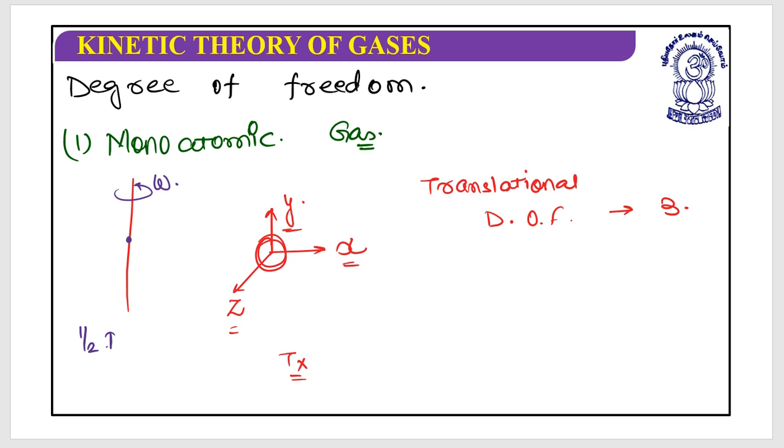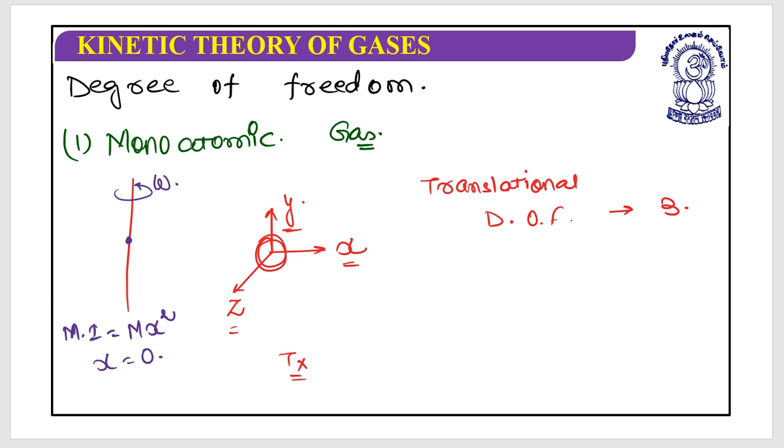When I write the moment of inertia, it could be written as m into x square. In this case, the perpendicular distance is 0. So please do remember this. No molecule can rotate around its own axis. I'm talking about the molecule.